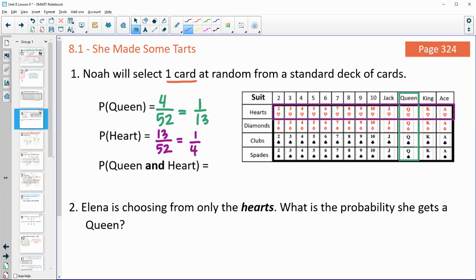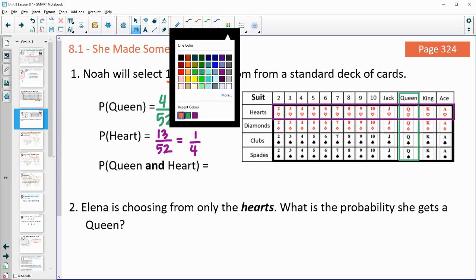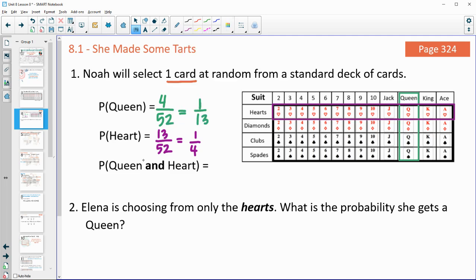And each of those suits is there the same number of times. So the heart is 1 out of every 4 cards. And then what's the probability that it is a queen and a heart, or a queen of hearts? So there's that 1 card in the entire deck that is a specific number and suit. So that's a 1 out of 52 chance.